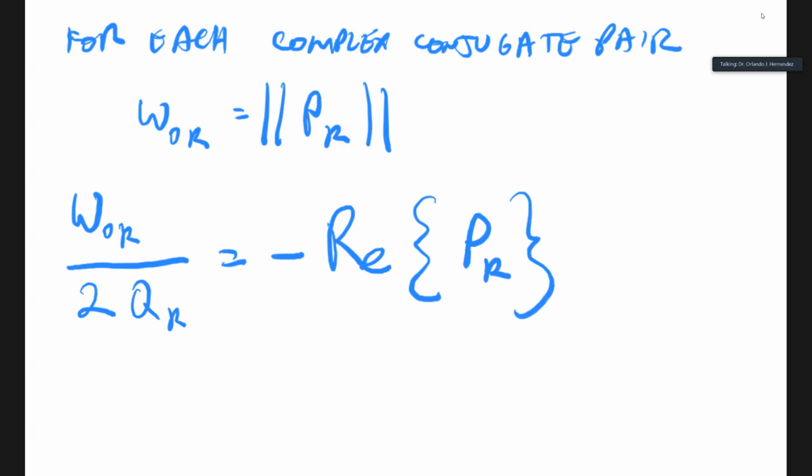And once you have those parameters, now we can construct a transfer function in S, which is going to look like this.